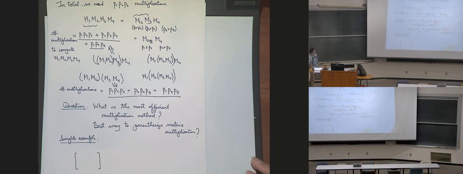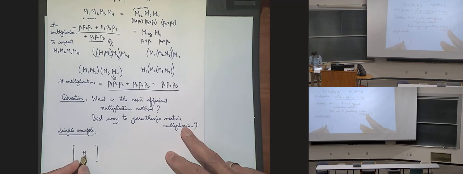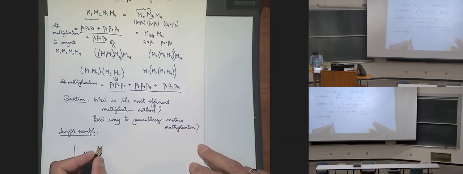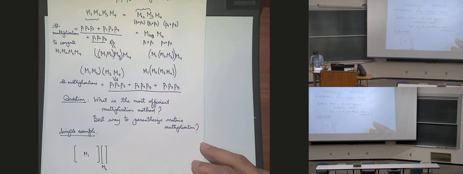So let's say you have some matrix here, M1. And M2 is what they call a tall and skinny matrix. Is this going to check out? Yeah, it is. It's a really tall and skinny matrix.